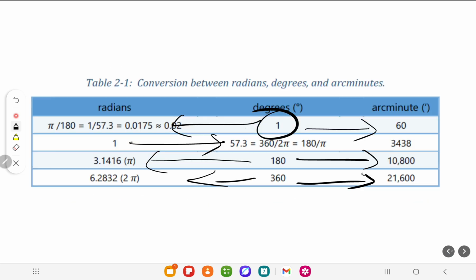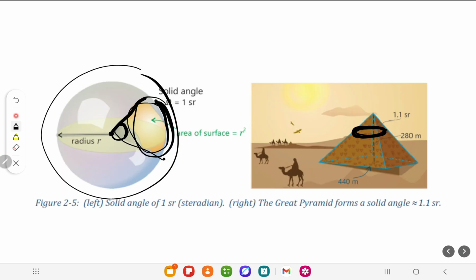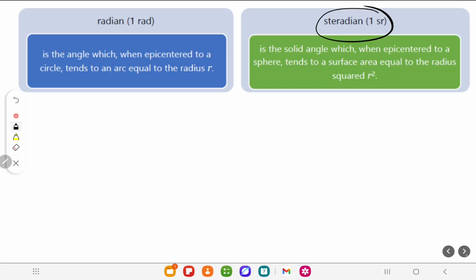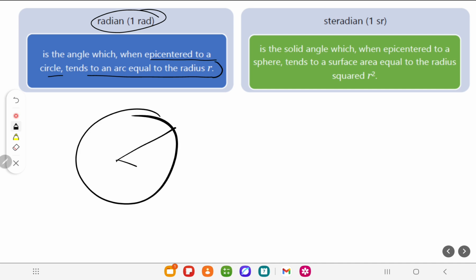Okay. So this unit is also important when we are talking about photometry. What is the difference between 1 radian and 1 steradian? 1 radian is a 2D angle. It's an angle at the center of the circle where the arc is equal to the radius. I have told you that, isn't it? If this is r, this is r, and this arc is also r, in this case the angle is 1 radian.